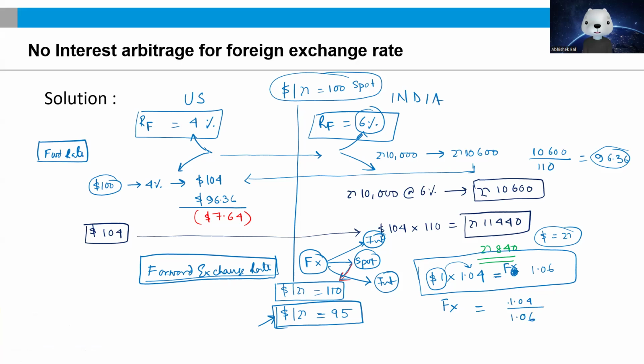So FX is going to be 1.04. I simply did the algebraic transposition out here. So this becomes 1.04 divided by 1.06. All right. So this becomes 0.98113. 0.98113 of what? Yes, now that's the question.